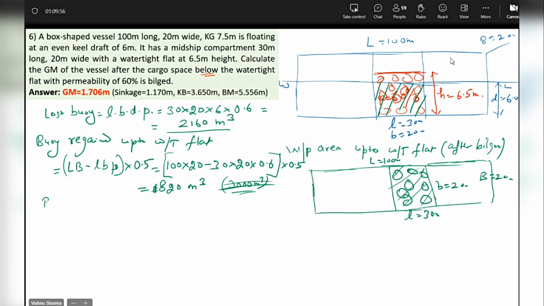So balance to regain will be equal to 2160 minus 820. I am yet to regain this 1340 cubic meters, right, guys? Correct, sir. Now, above the watertight flat, what will be the shape of the water plane?